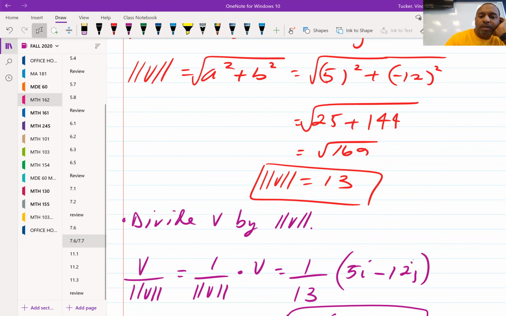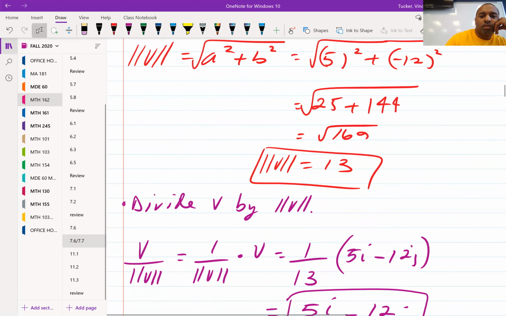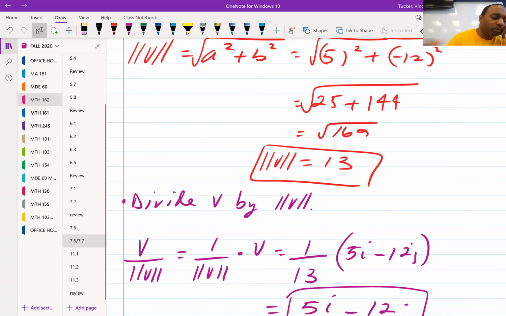So now we're going to divide v by the magnitude of v. So v over the magnitude, same thing as 1 over the magnitude times v. So that's 1 over 13. V was 5i minus 12j.